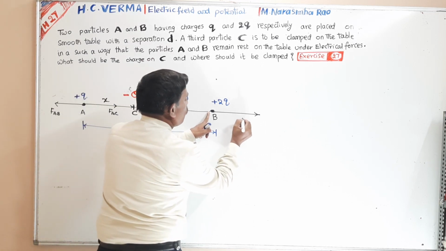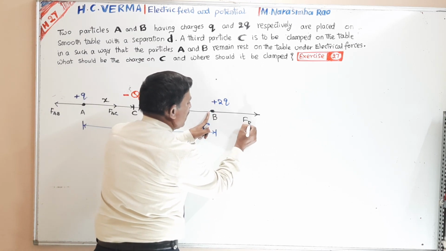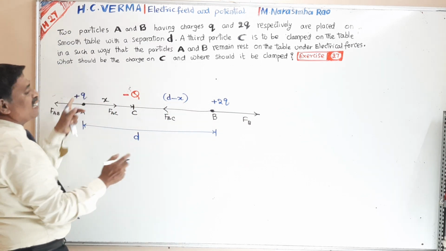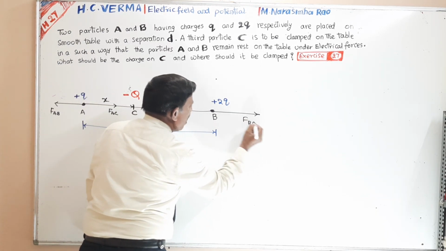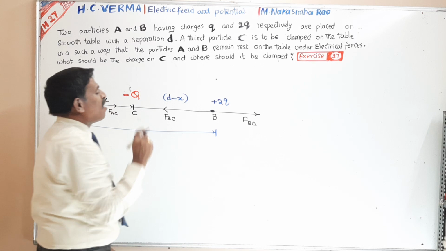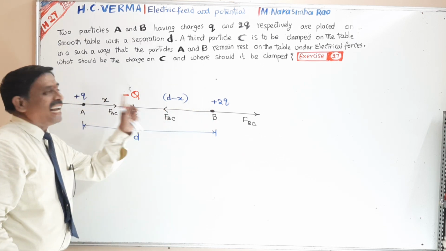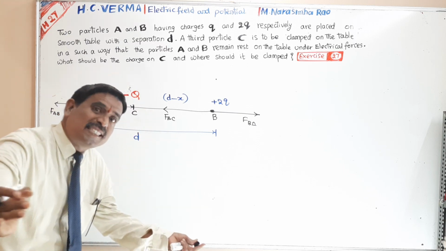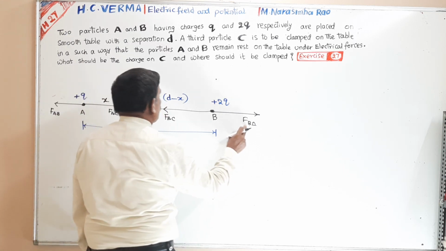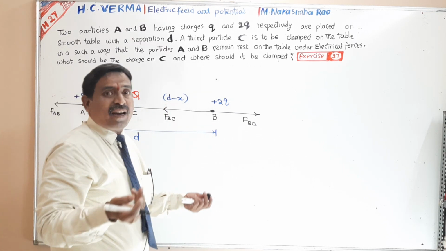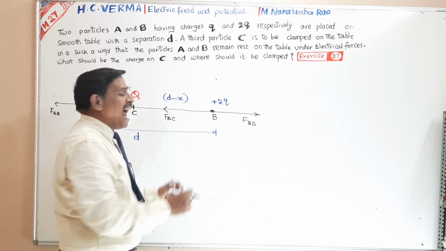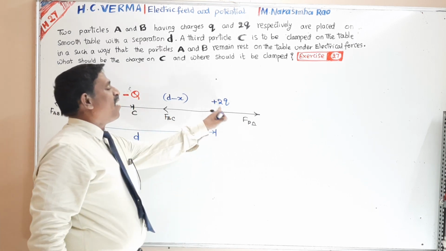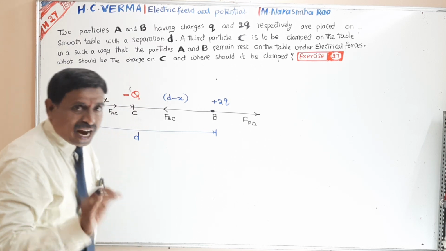This is the force on B due to the charge at A. Here also, on this charge, one force is acting left and another is acting right. Both are opposite in direction. If these two are equal in magnitude, they cancel each other, and finally it is in rest position.